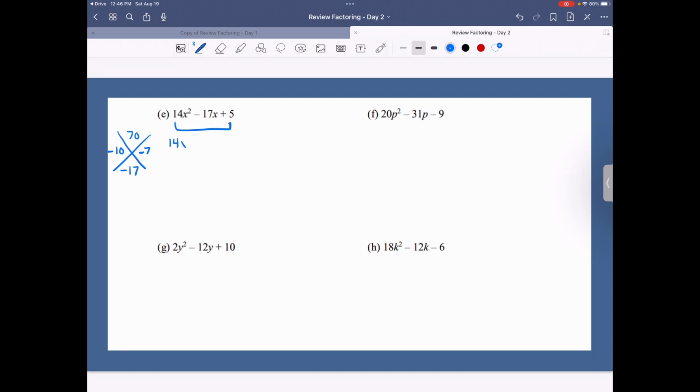So 14x squared, and then I'm going to have the 17 break into negative 10x and negative 7x plus 5. We'll group these together.